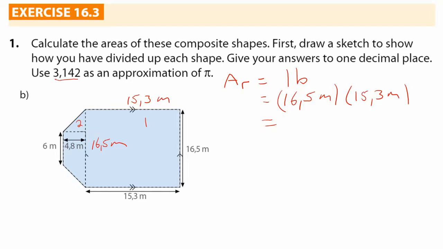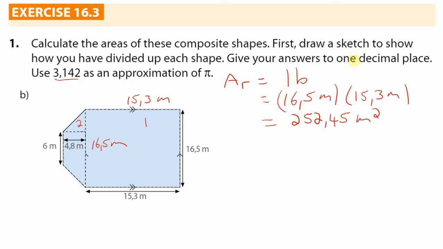So now it's simply a matter of using our calculators. So we have 16,5 times 15,3, and we will obtain 252,45, and meter times meter is meter squared.